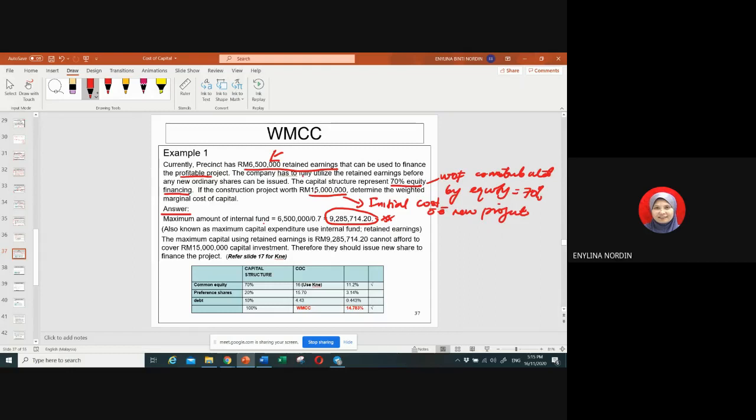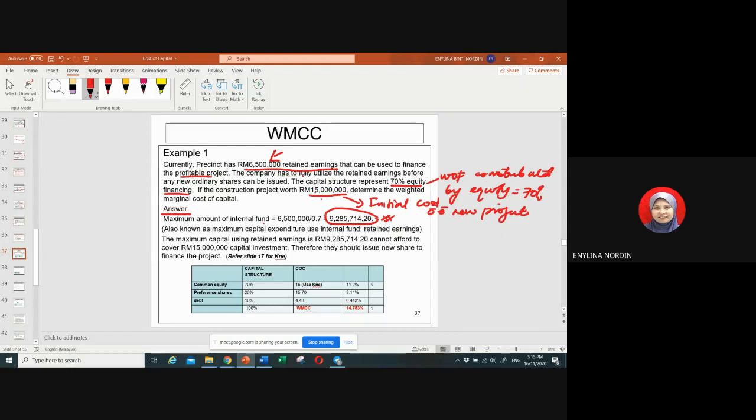So this maximum amount of internal fund is not enough to cover the cost of the new project. This is the point where the company will issue new shares to get the fund.